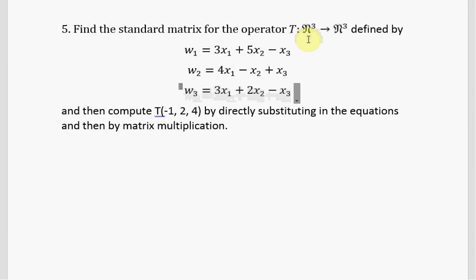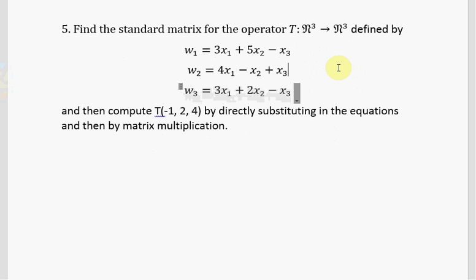Here we're mapping from R3 to R3, from the third vector space to, again, the third vector space. So we call that an operator. Otherwise, if we're going to different dimensions, we call it, in the general sense, a matrix transformation.